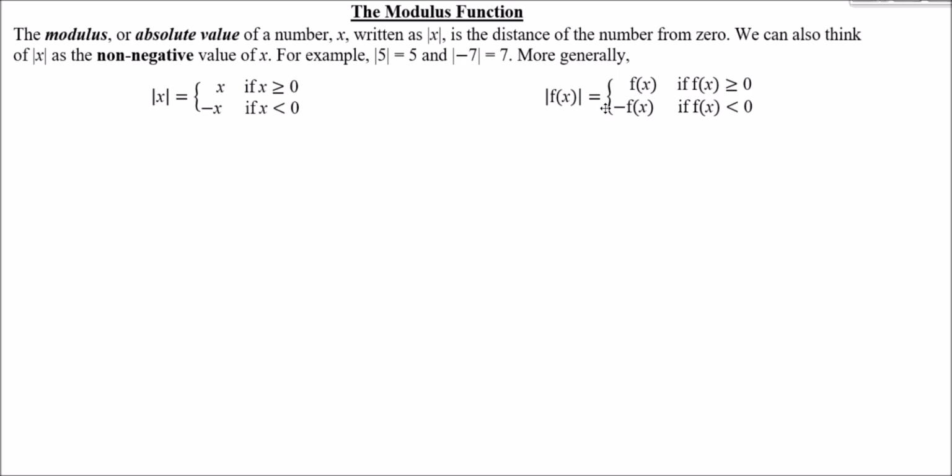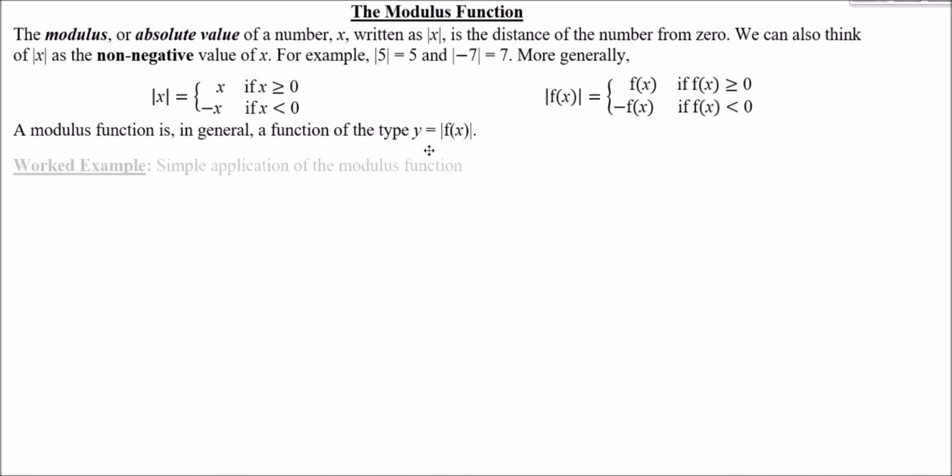In terms of function notation, the modulus of f of x is f of x itself if the value of f of x is at least 0, or is minus f of x where f of x is less than 0. Like I've said before, the modulus will always return a positive value. So generally, a modulus function is written in the form y equals mod f of x. That's the most basic form of a modulus function, and ones we're going to see a lot through this chapter.